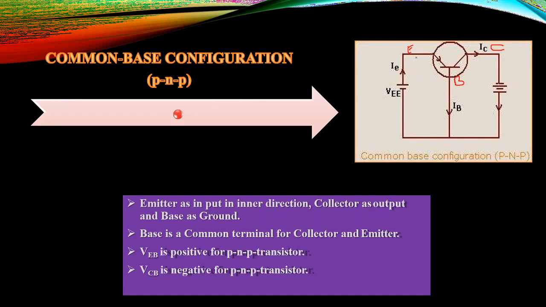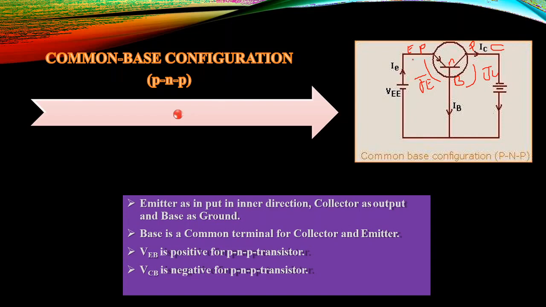Next, for analysis purposes it should be operated in active mode. So this is the JE junction and this is the JC junction, and the type of transistor here is PNP. So JE should be forward biased and JC should be reverse biased.